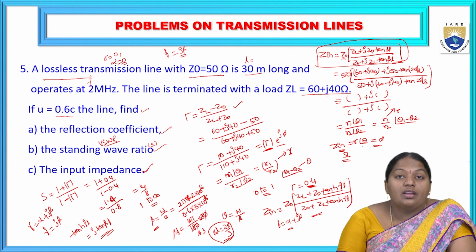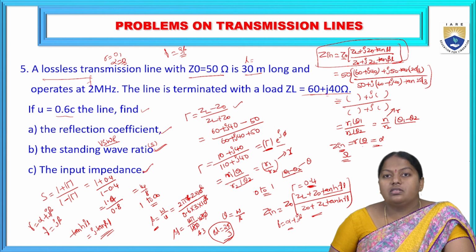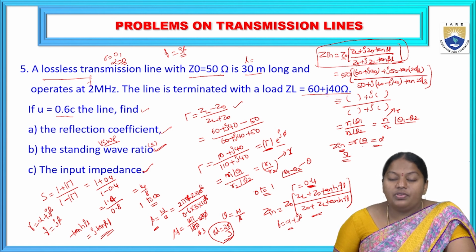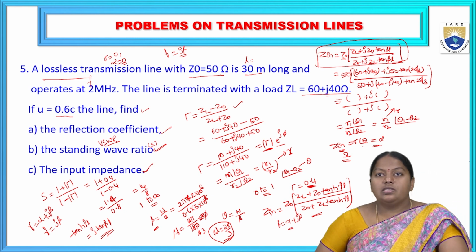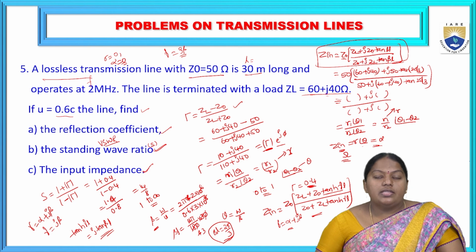Reflection coefficient gamma and the standing wave ratio are dimensionless factors. As we know, the reflection coefficient ranges from 0 to 1 and the standing wave ratio S ranges from 1 to infinity.